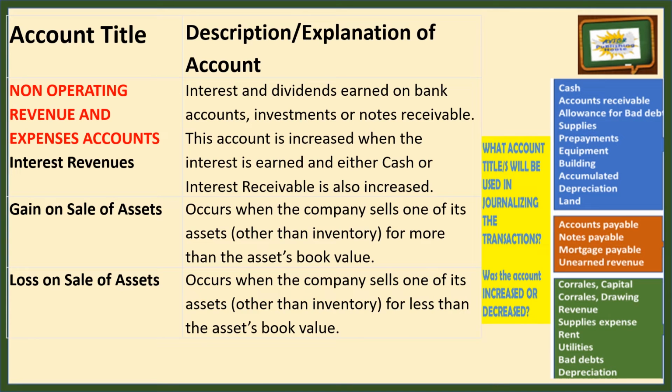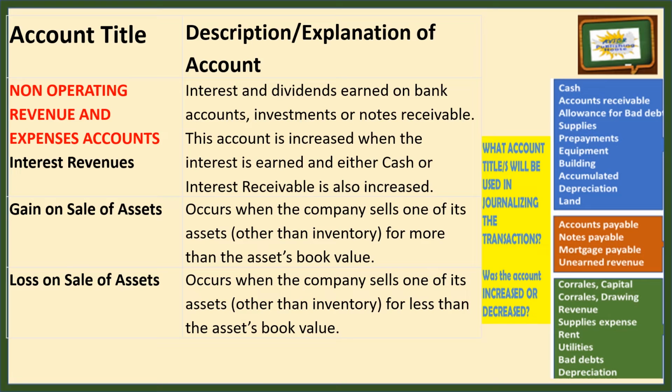But if the business is a bank or a lending institution, then interest revenue is an operating revenue. But if it is not, then interest revenue is a non-operating revenue.